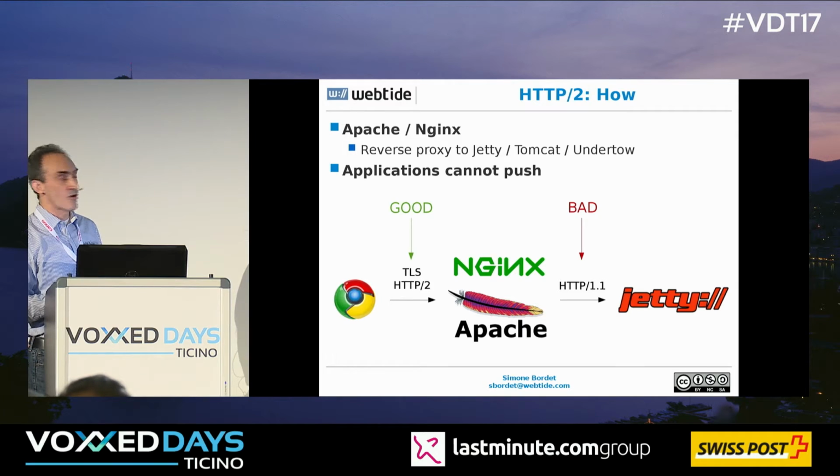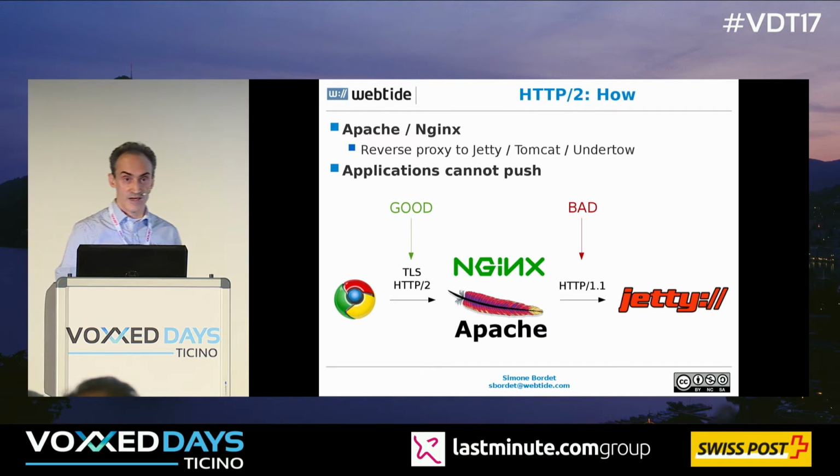It's an old configuration. It's a configuration that is good for HTTP 1.1, but not good for HTTP 2. The reason is that the browser can talk HTTP 2 to the front end, but Nginx and Apache cannot yet talk HTTP 2 to the backend. They will resort to going back to HTTP 1.1.